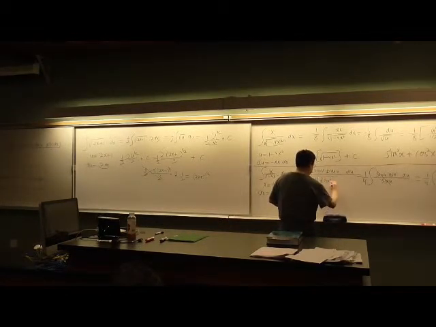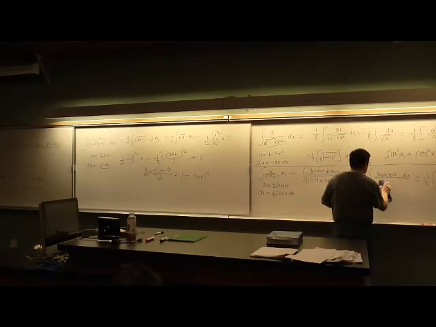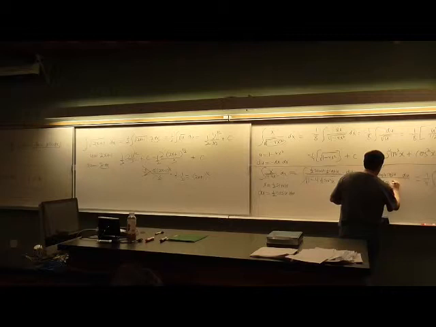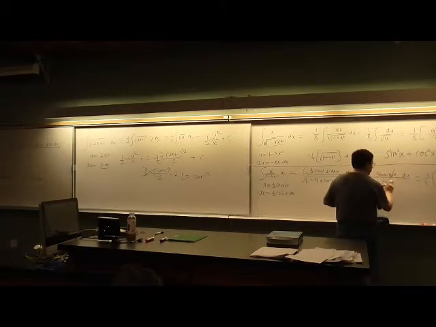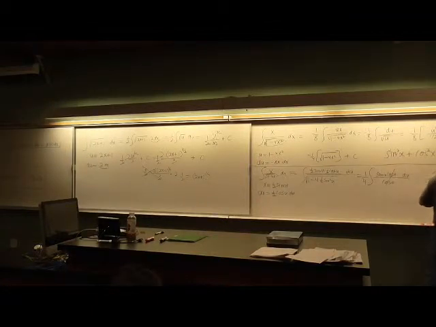This was sine, should have been sine, and therefore this should have been cosine of u. That should be the integral of sine of u. And this should be negative 1/4 cosine of u. Okay. Now we're back on track.